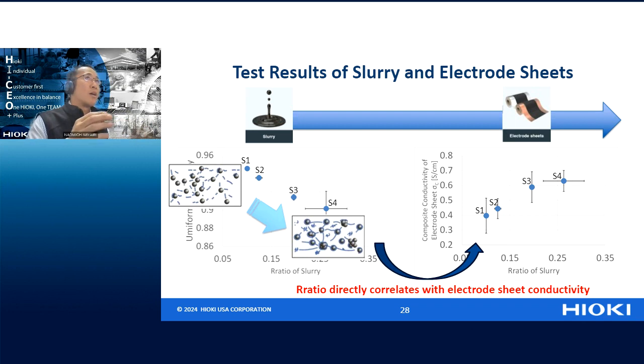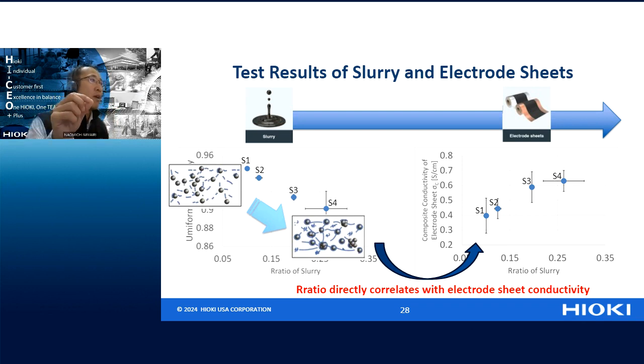So when we use the battery cells with that kind of slurry, probably some current is focused on a specific area.